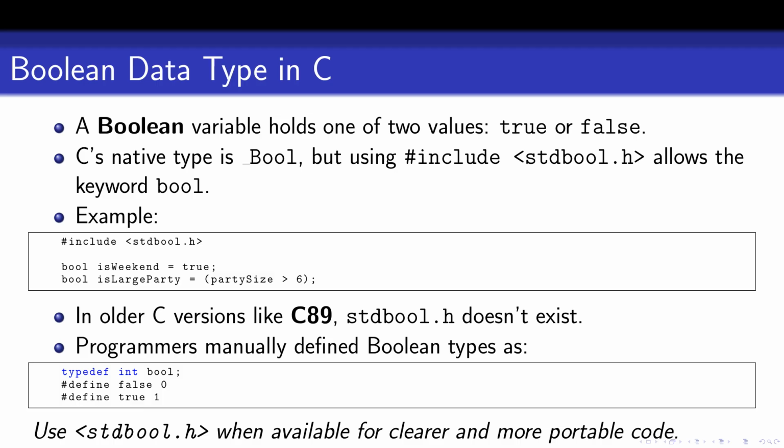For older C versions, like C89, programmers often define Boolean behavior manually by using typedefs and macros. A Boolean variable can be directly assigned true or false, or it can be set based on the result of an expression. For example, is_hot equals temp greater than 90 assigns the result of the condition to the variable. Boolean types make your code easier to read and understand, especially when naming conditions clearly, like is_weekend or has_access.